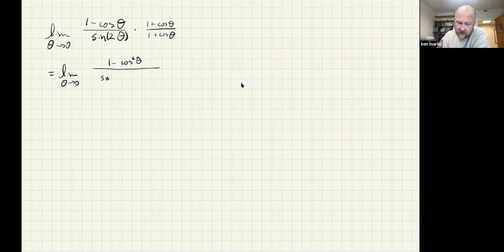And we still have this sine of 2 theta here, and this 1 plus cosine theta. Don't multiply the stuff out in the denominator, all right? So in the numerator, the reason why we wanted to get there is that the numerator can be replaced with sine squared theta, okay?